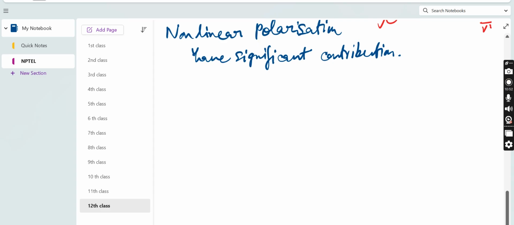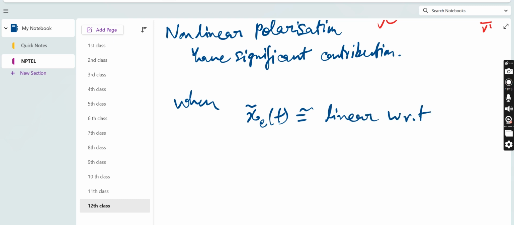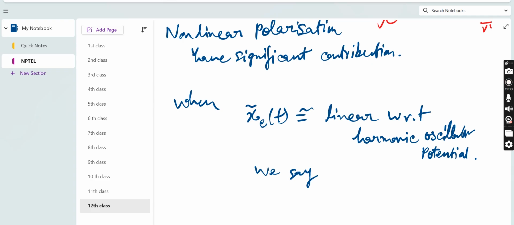Now, another thing is that when the displacement of the electron in the matter is linear with respect to the harmonic oscillator potential, we will say that the polarization is linear.